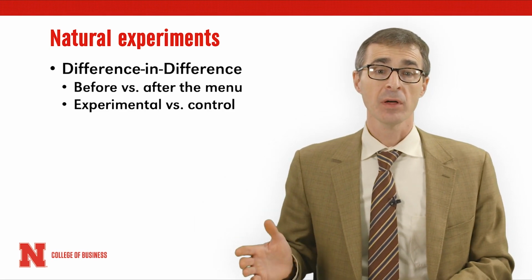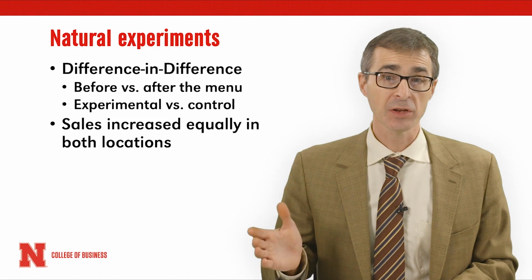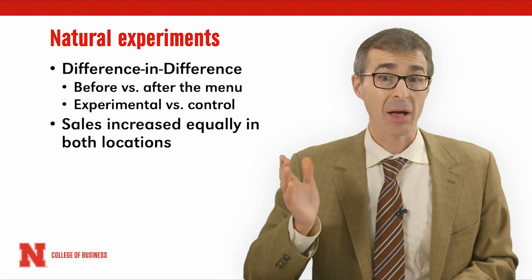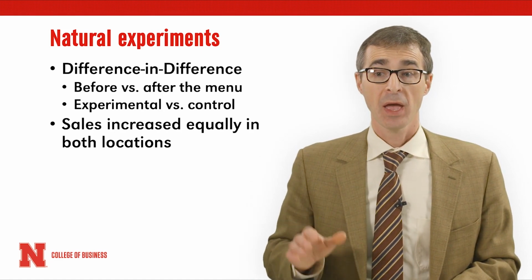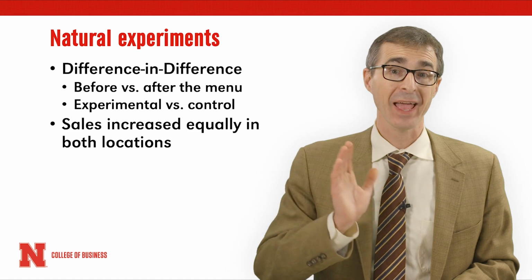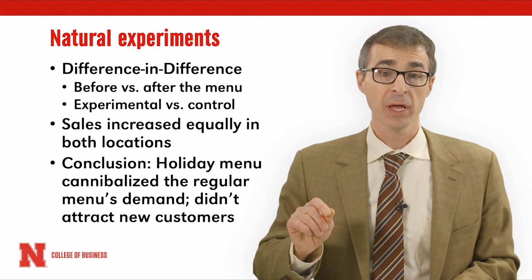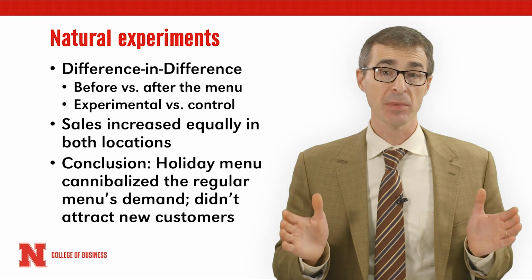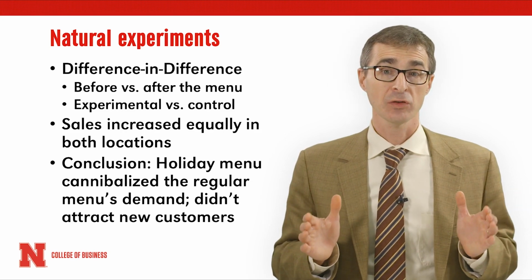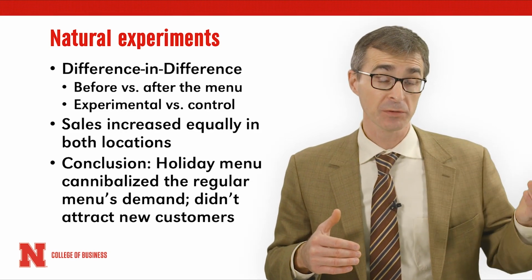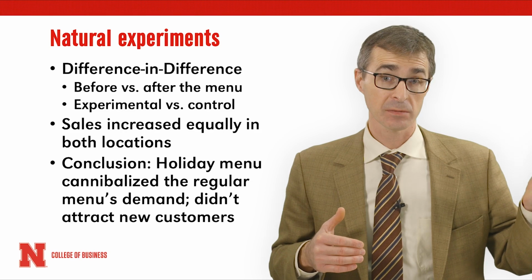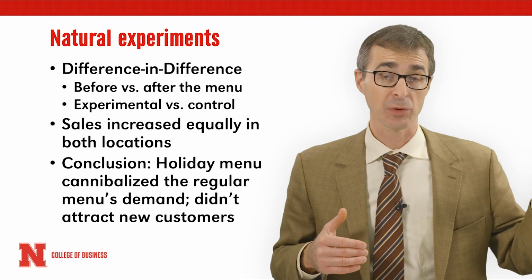So even though the restaurant sales increased, they increased equally at both restaurants. And this was seen in both the control and experimental group. And the economic conclusion, therefore, is that the holiday menu didn't actually produce the observed increase in the Dallas restaurants' revenue.